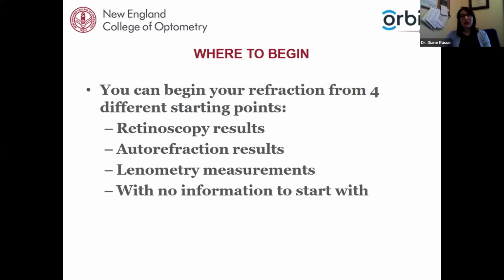Lensometry can be another helpful piece of information, but that is not necessarily based on the patient's current refractive status, and that can be misleading at times depending on where the patient received their glasses. I have a number of patients that come in that are not wearing their own glasses.